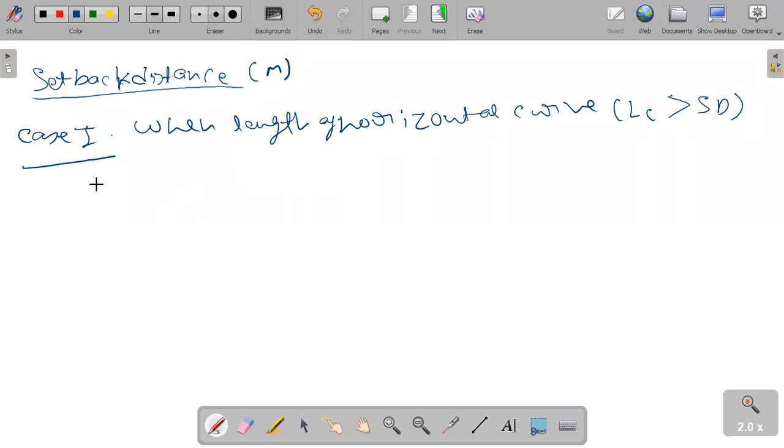We'll discuss it for a single lane and for double lane.